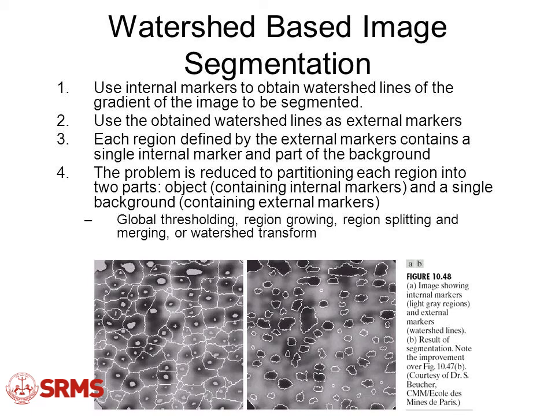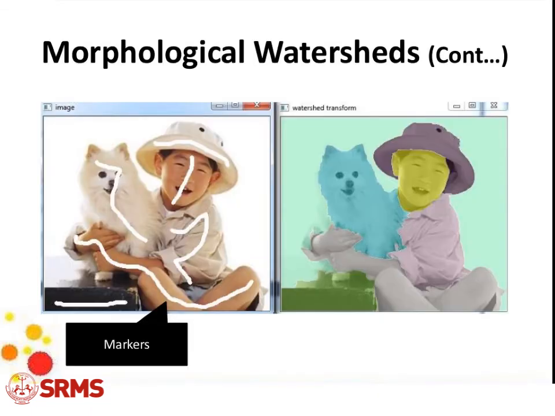The image shows internal markers in the gray region and external markers as watershed lines. Result of segmentation: note the improvement over this figure and certain regions in the block diagram given also. Compare with global thresholding, region growing, and region splitting and merging. Morphological watersheds can be defined as an output.